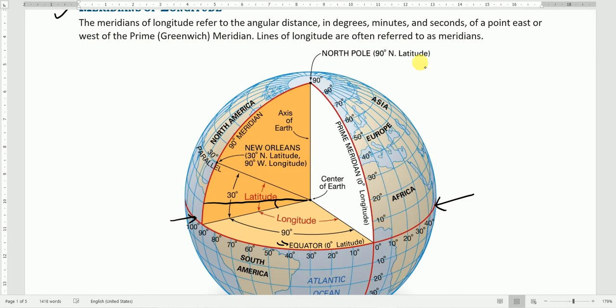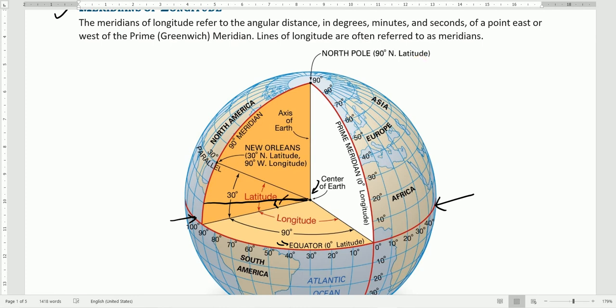This is the center of the earth, and from the center if we draw a line towards the surface of the earth, then the angle formed between the equator and the line is known as latitude.